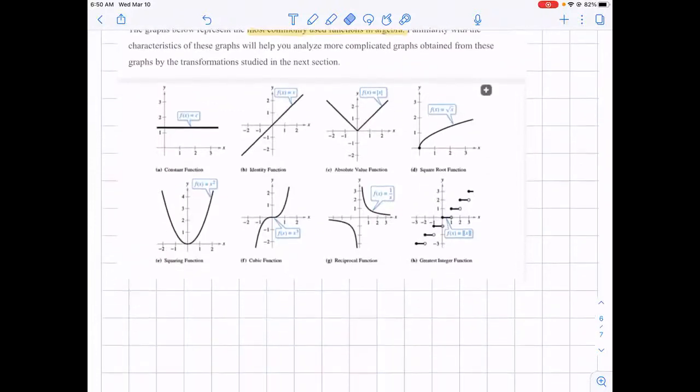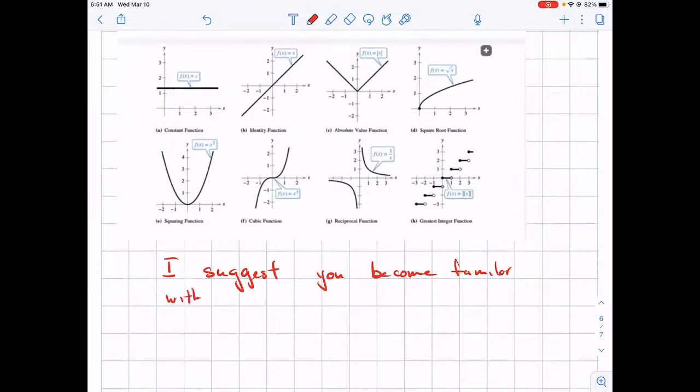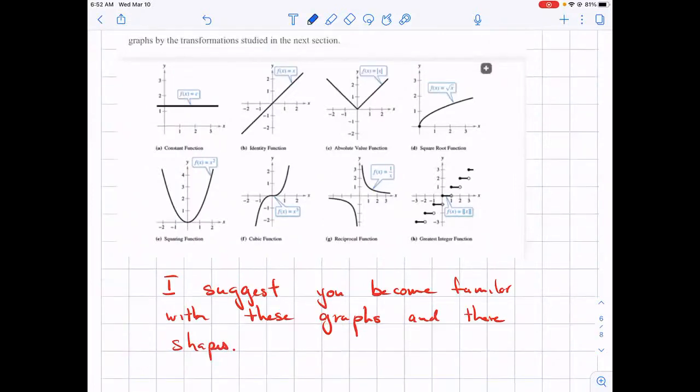So please make sure you become familiar with these graphs and their shapes, and what the shape looks like.